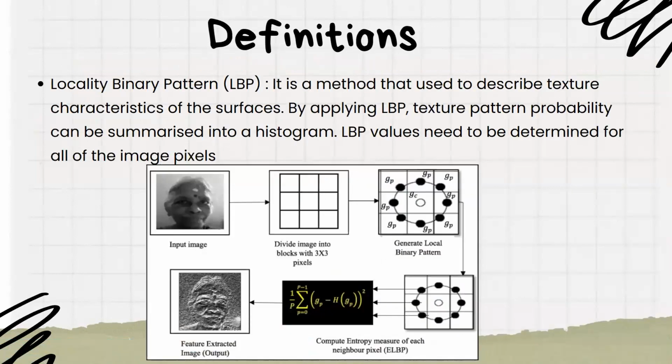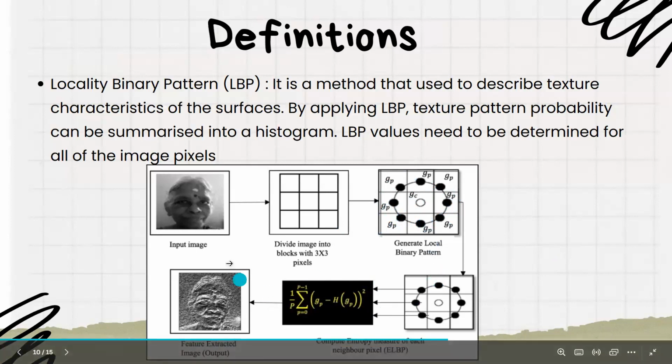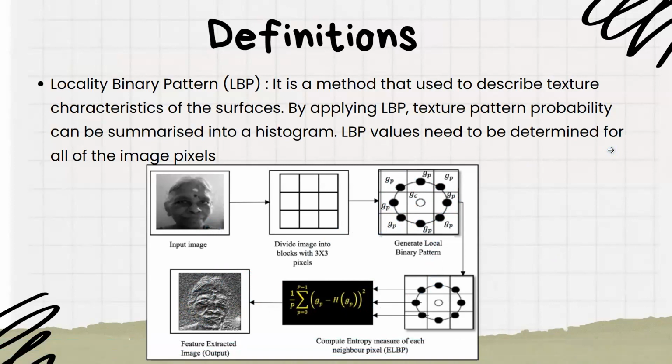Now next is local binary pattern. Local binary pattern just fuses this pattern and reduces the pixels using a formula. As you can see, this is one generating the local binary pattern, and using this formula it reduces the pixels and hence decreases the size, compressing the image.